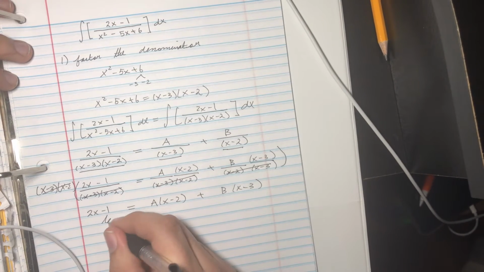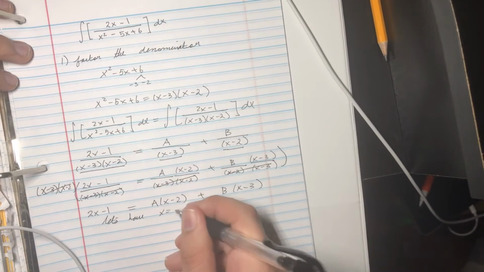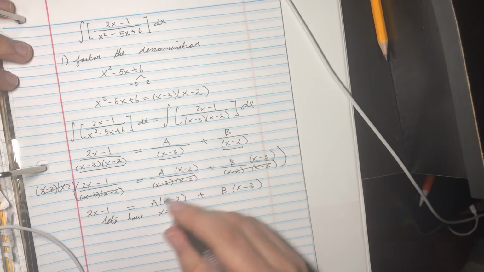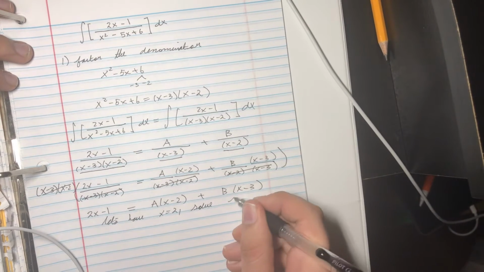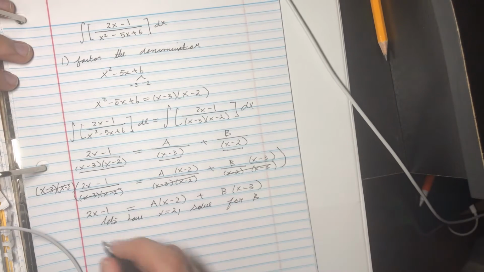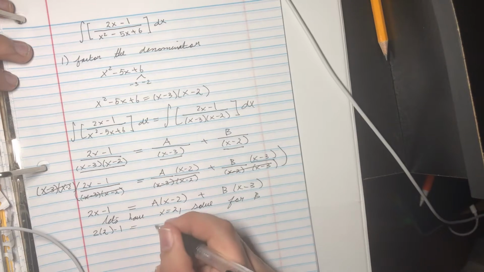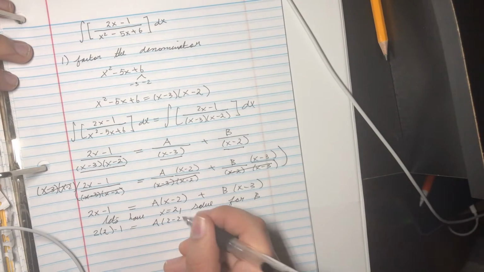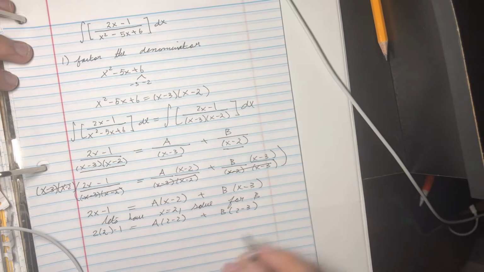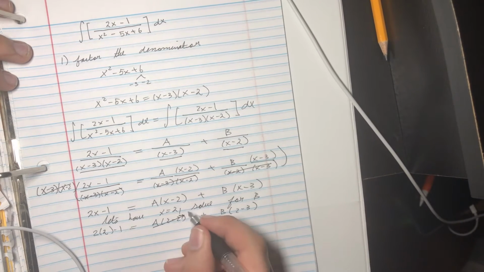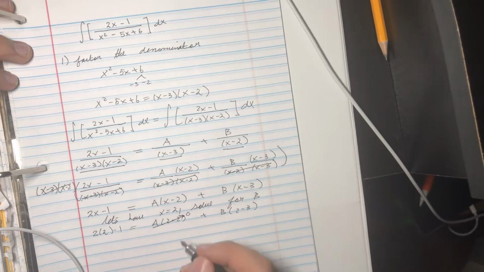So let's have x equal to 2, and we can use that equation to solve for B. Notice, the A term is going to cancel out because 2 minus 2 is 0, and 0 times anything is equal to 0.